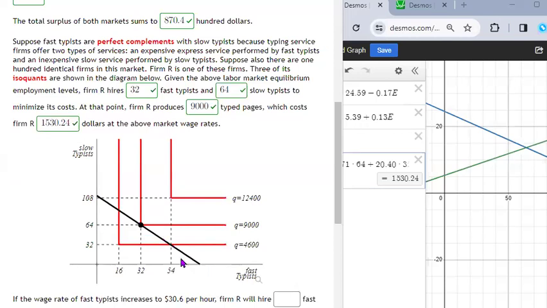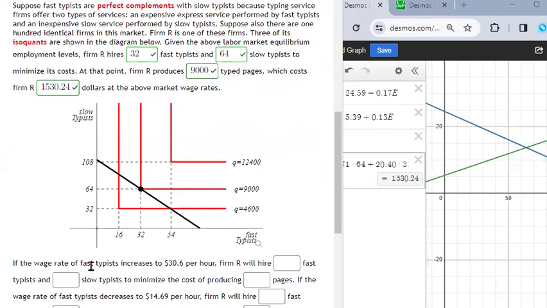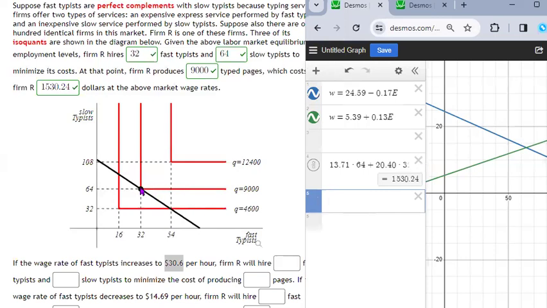This line intersects this isoquant at the corner. If the wage rate of fast typist increases to $30.60 per hour, what's going to happen here? Let's look at the slope of this iso-cost line, right?